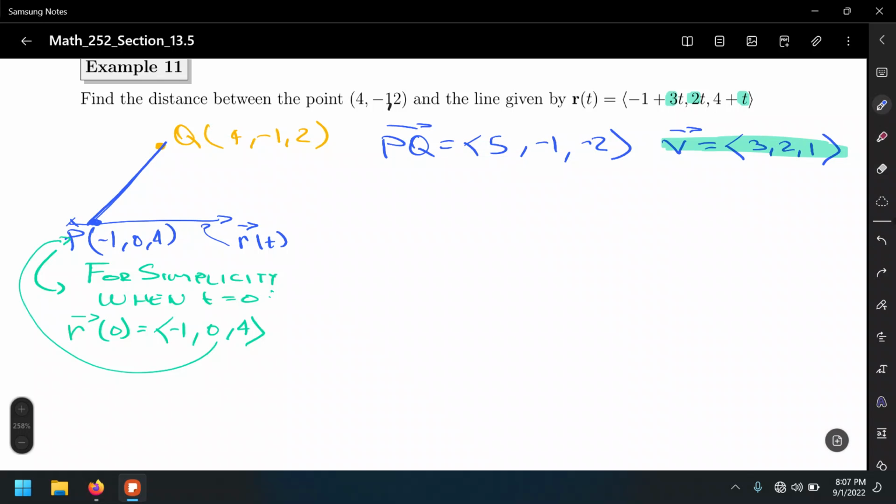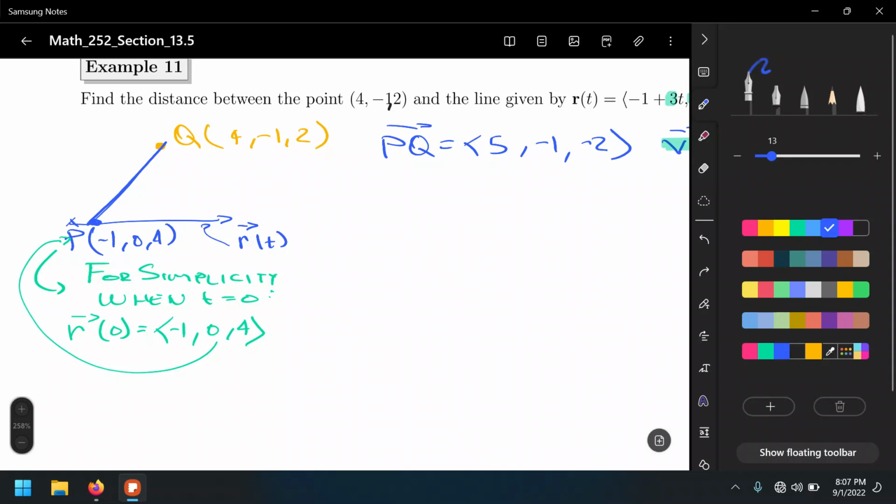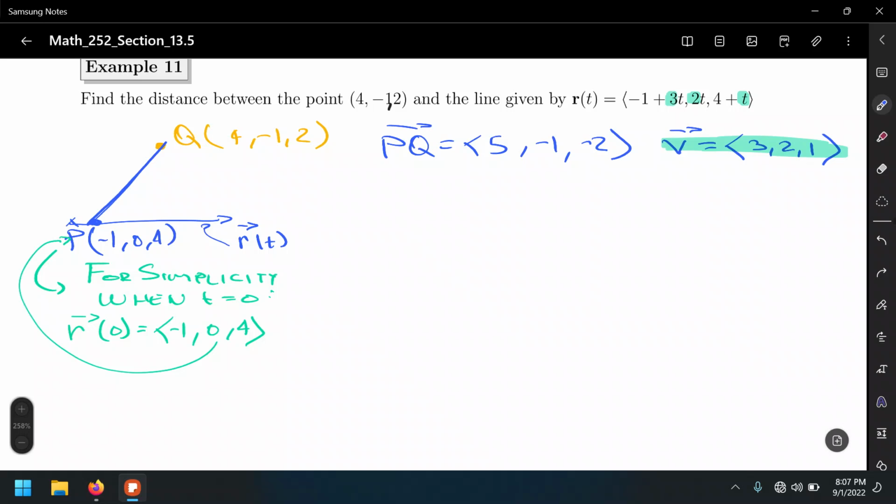Okay, so to find the distance between the point and the line, first of all we need to find the cross product, PQ crossed with V. In this case, we need to use the ijk notation, which we haven't used at all today: ijk, 5, -1, -2, 3, 2, 1.